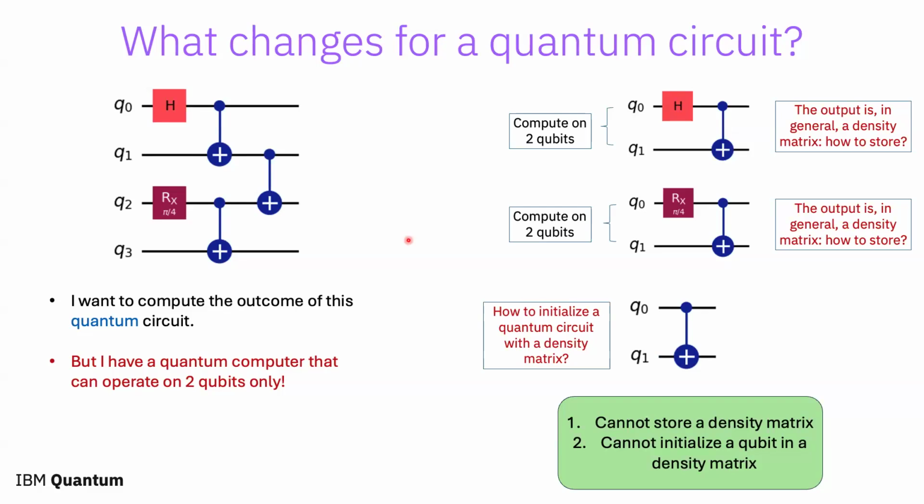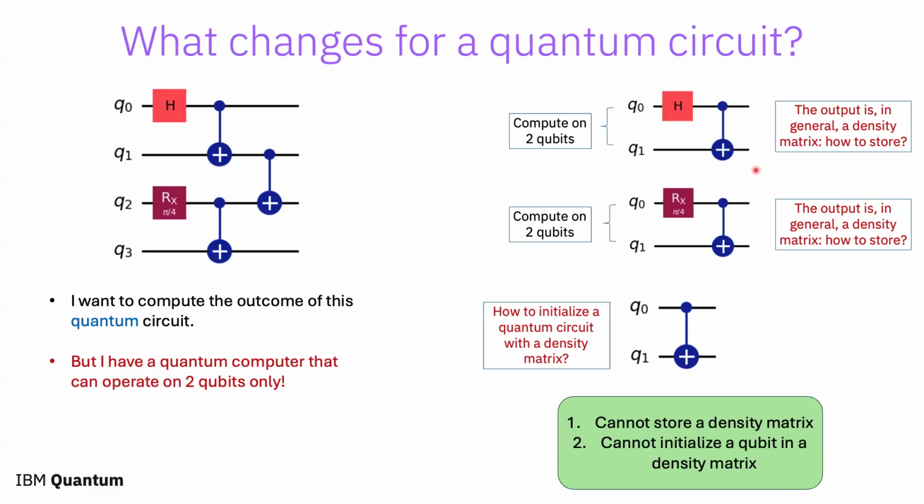Now let's try to play the same trick. I'll take the first 2 cases, do the computation, and now I have to store this. Here comes a problem. How do you store? Those of you who are already into quantum computing will understand this output is a Bell state.